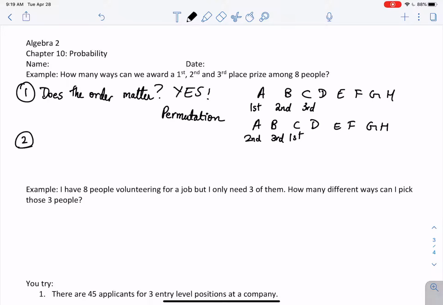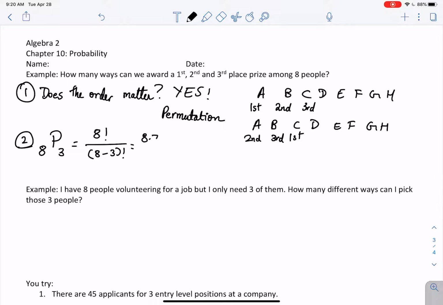So then we calculate it. I have 8 total people to pick from. I'm doing a permutation, and I have to pick 3 people from those 8. So I go n factorial, so 8 factorial, divided by (8 minus 3) factorial.